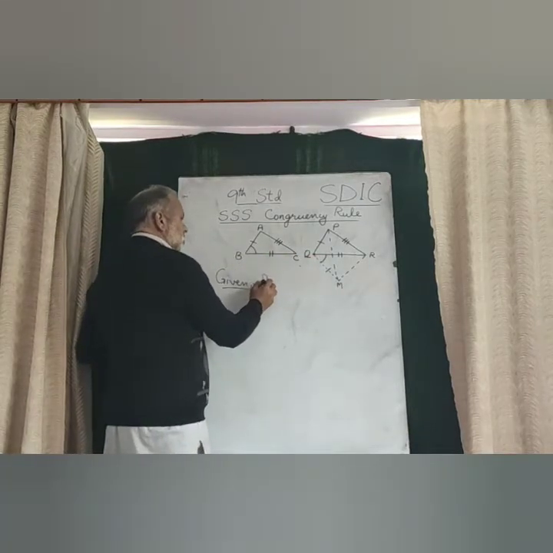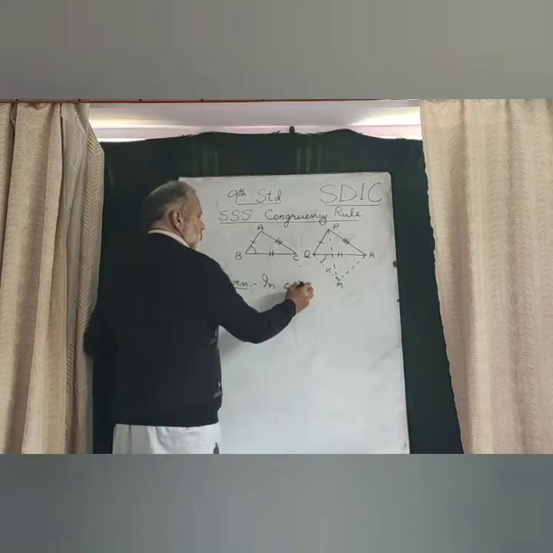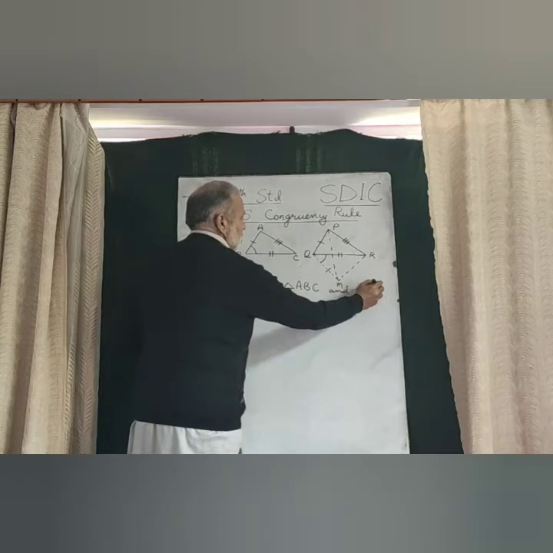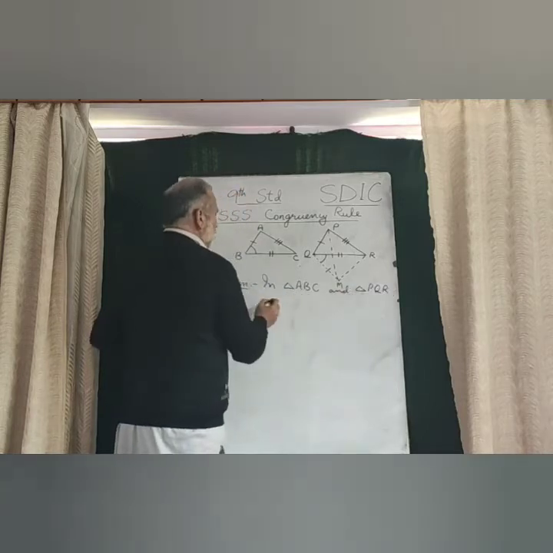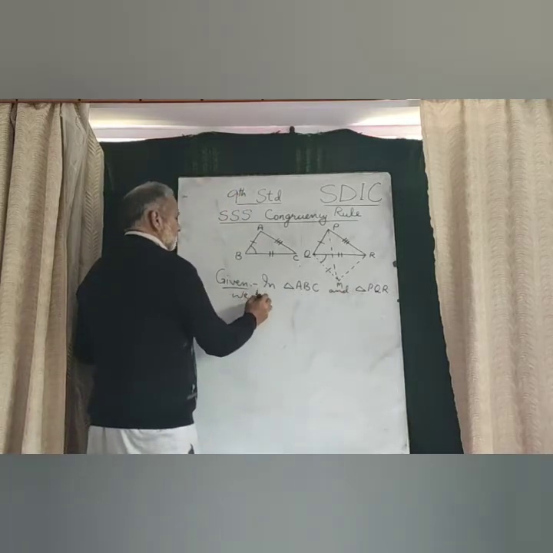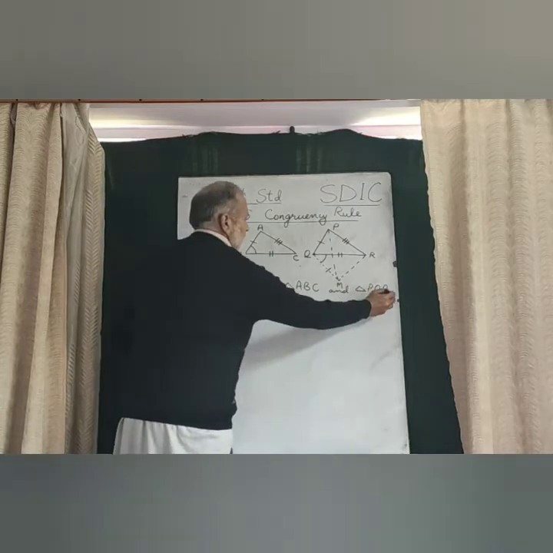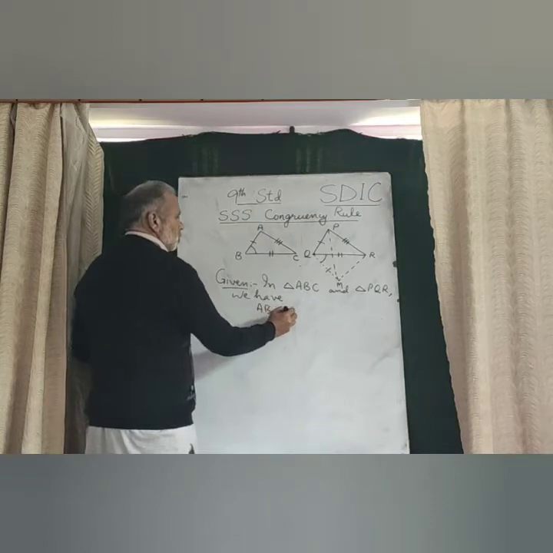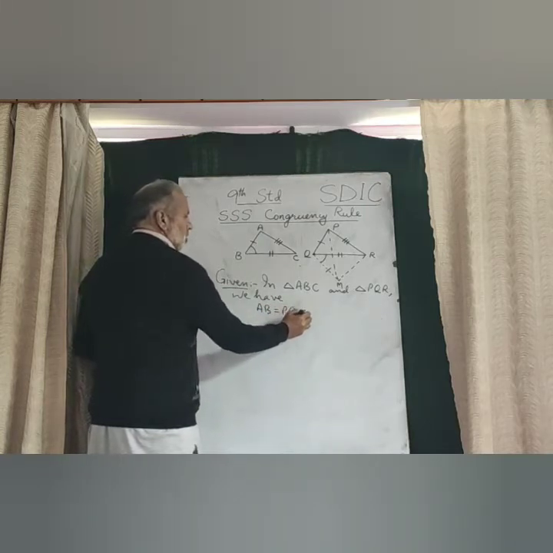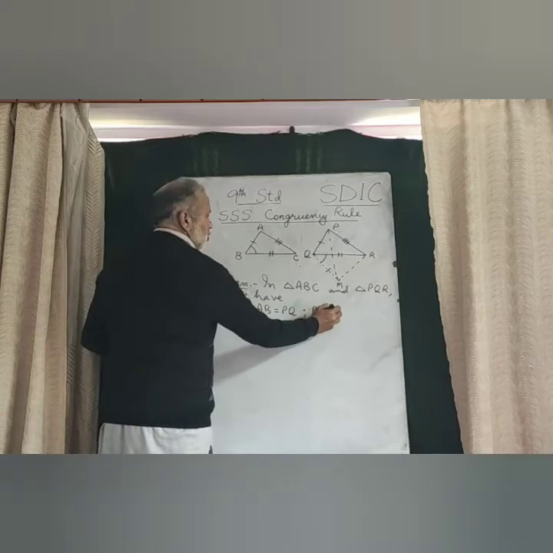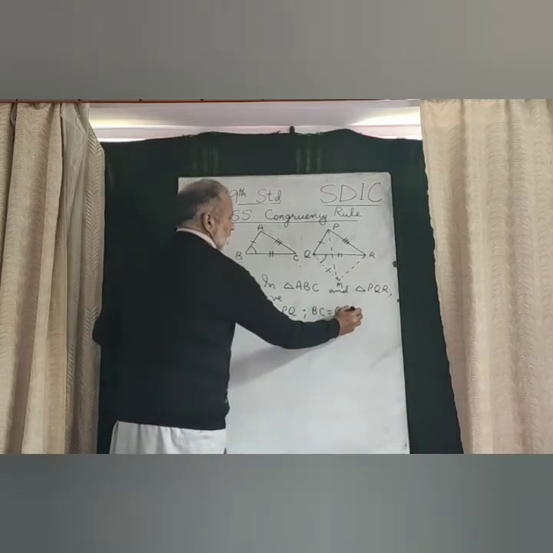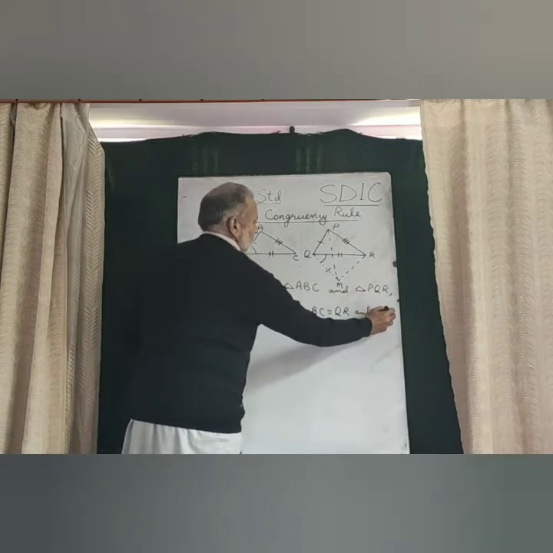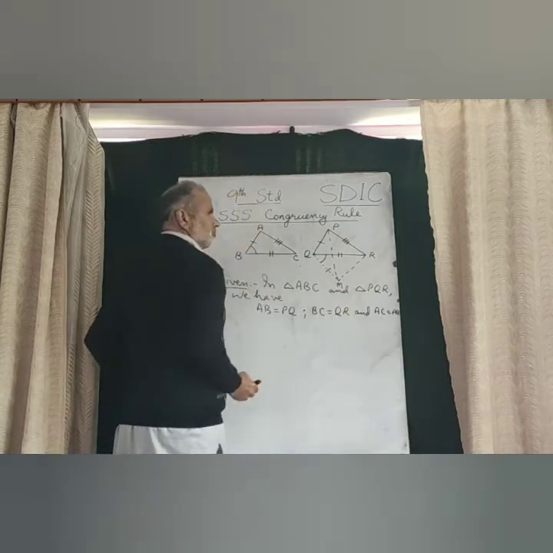So I'll write in triangle ABC and triangle PQR we have, corresponding sides are equal. AB is equal to PQ. BC is equal to QR. And AC is equal to PR. This is the given information.